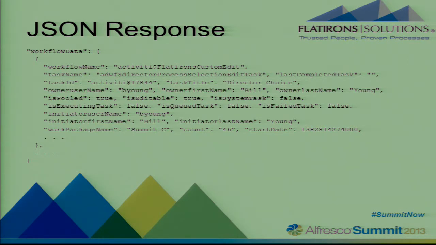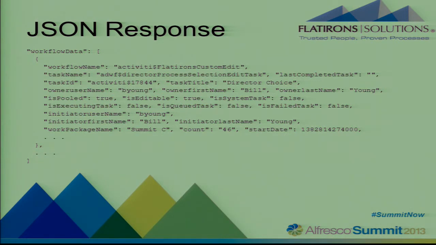And then who the workflow owner is, and the workflow name, the count information, the date information. Along this line, this is our status, our state of the workflow, the is executing or is queued or is failed. And that's what we use to help guide what goes into that status column if it's an automated task. So fairly simple, straightforward structure that we get back.